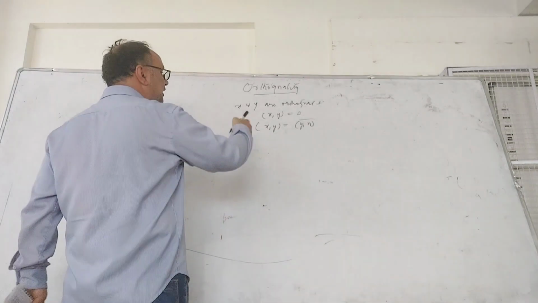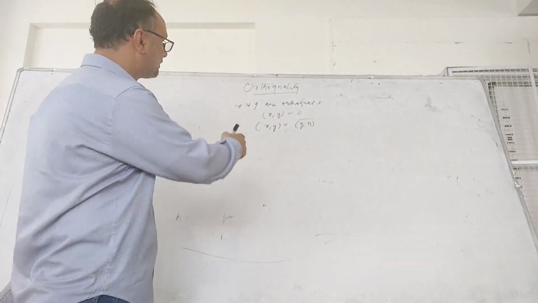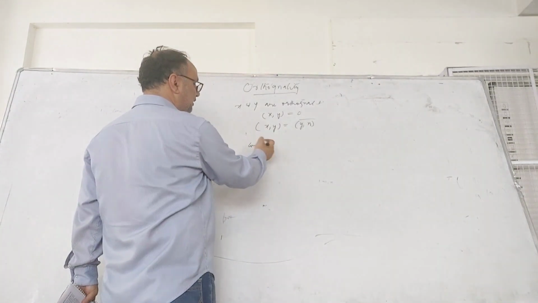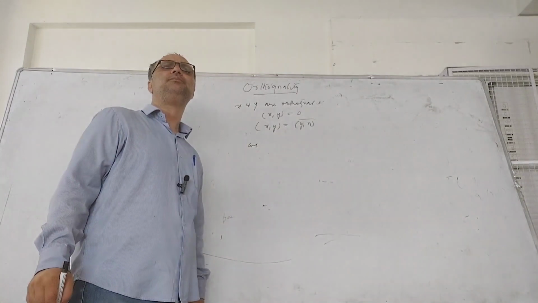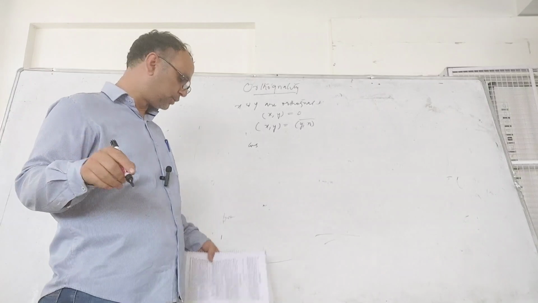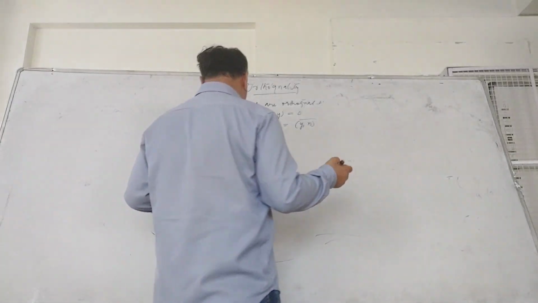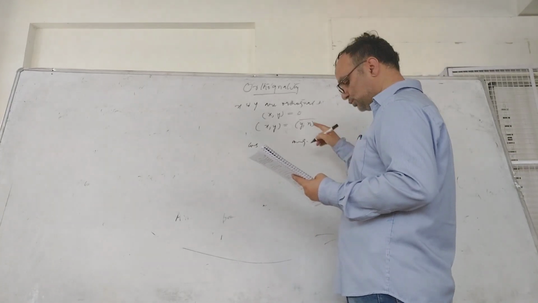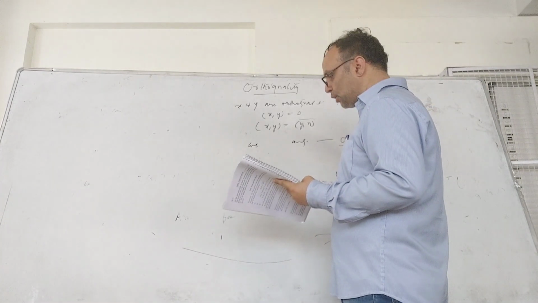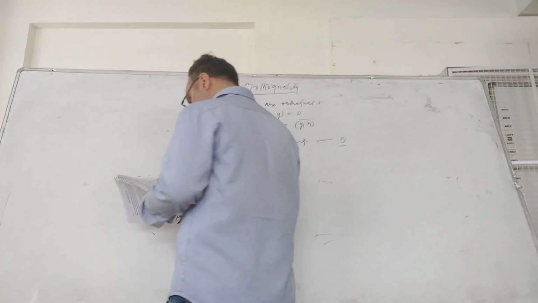If the cosine of the angle between them is given by the inner product of x and y, and if it's 90 degrees, then cos 90 is 0. So the angle between these two spaces, or two subspaces, will be 0.